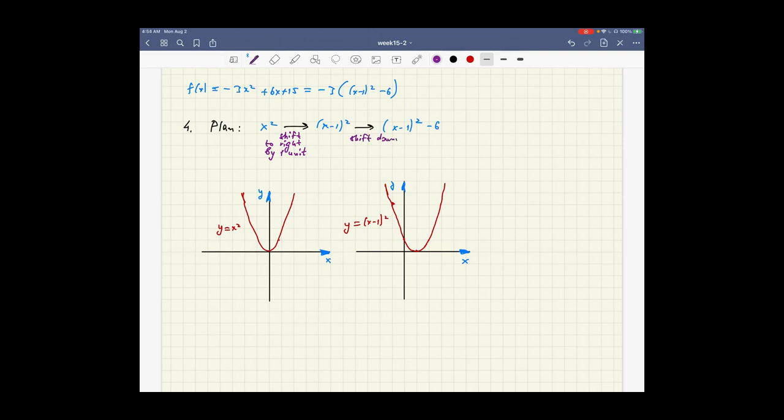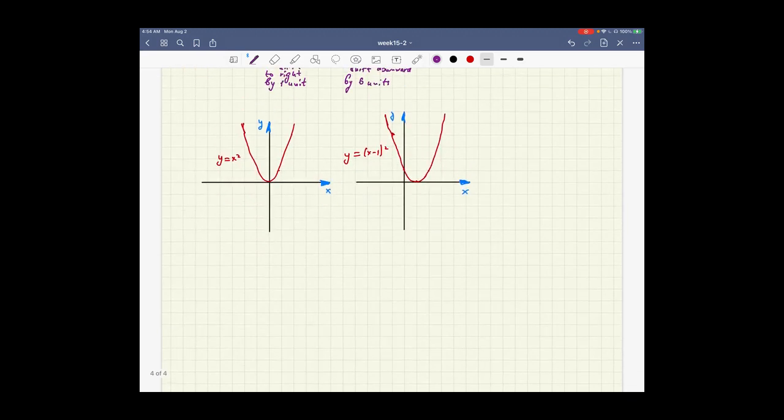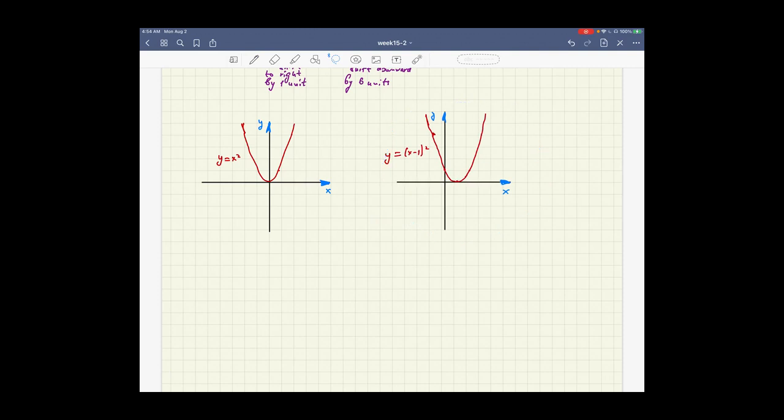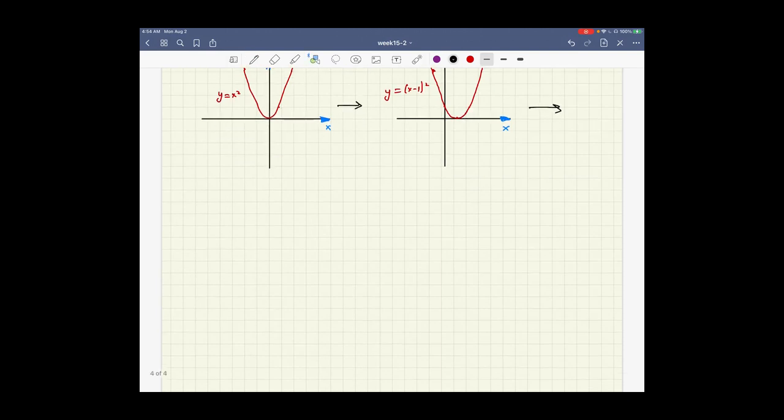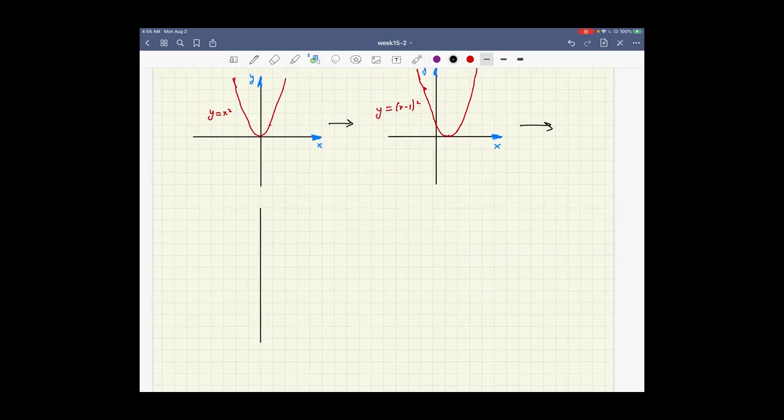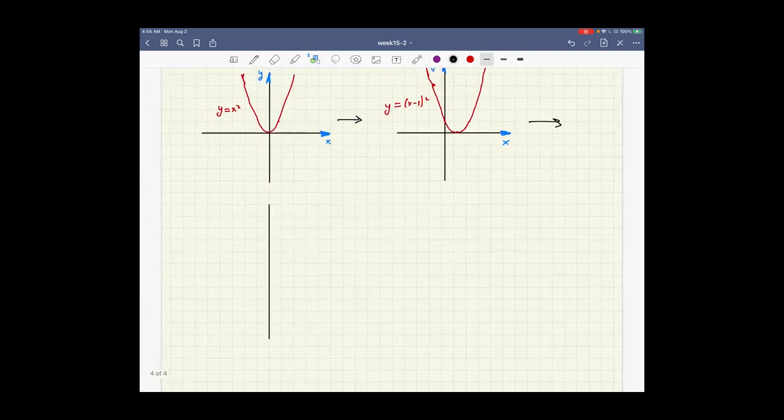Shift downward by 6 units. So the vertex of the parabola will be at the point 1, negative 6.